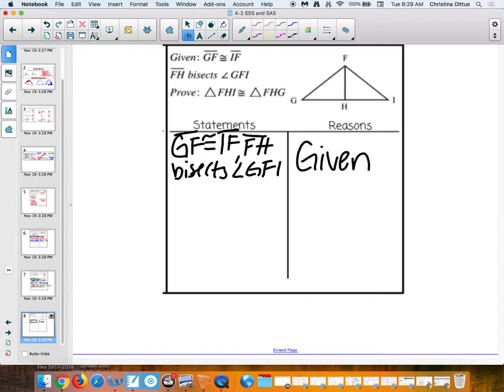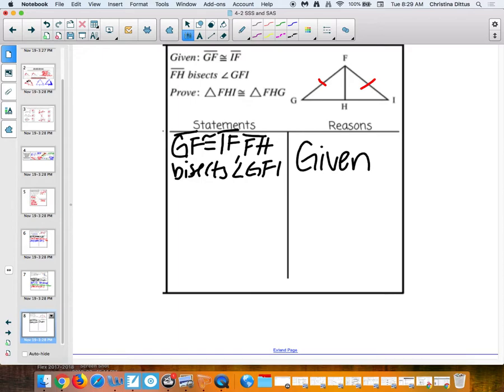What should I mark it as? GF is congruent to IF. Okay, I got dashes. GF is congruent to IF. And then FH bisects angle GFI. Good. Bisects GFI. What do I know? It splits it in half.